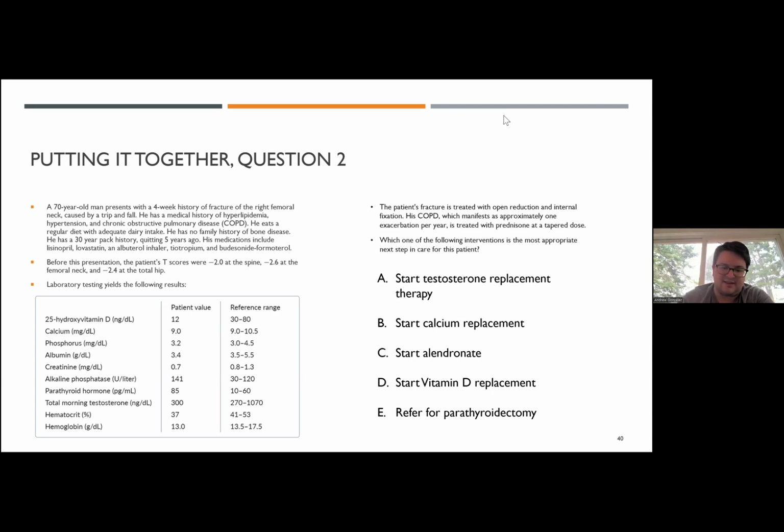The trick here is to look at the lab values for a little hint. Even better on this one.